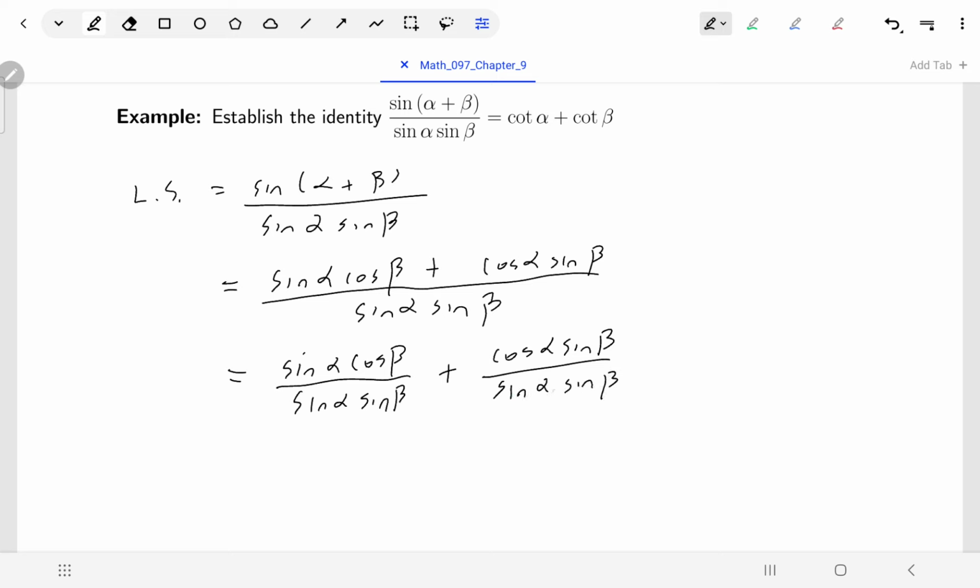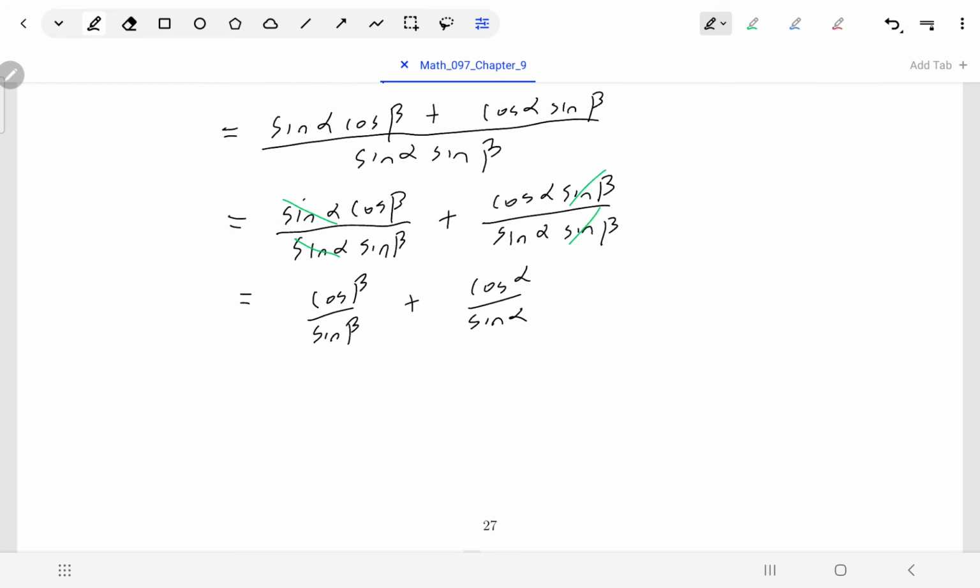And now I can see that I'm almost finished because I'm going to have a bunch of canceling. Sine alphas cancel in that first fraction, and the sine betas cancel in that second fraction. That just leaves me cosine of beta over sine of beta, plus cosine of alpha over sine of alpha.